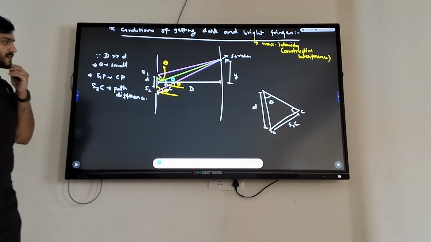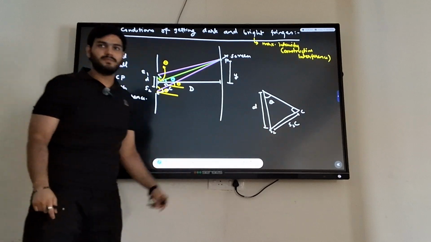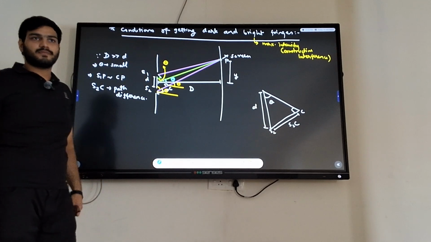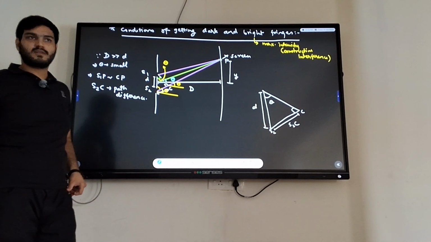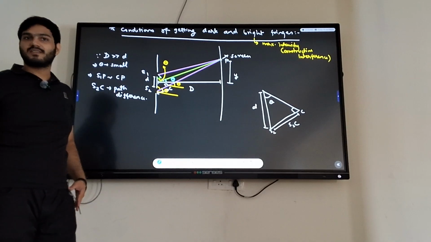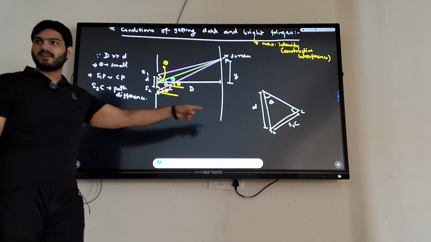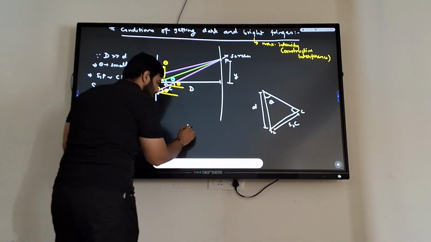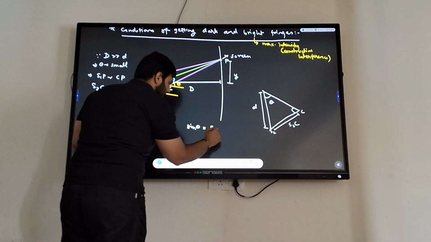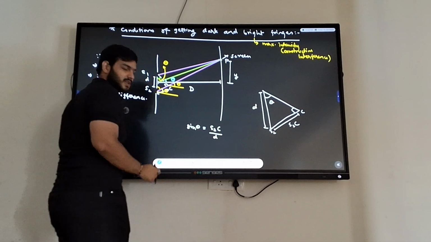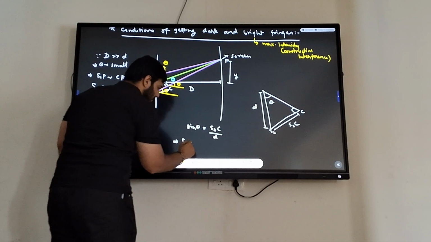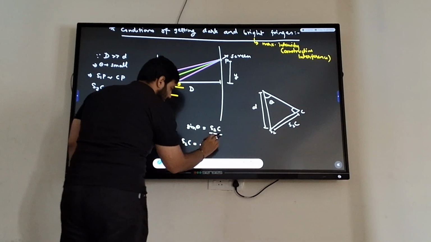Now what is the trigonometric identity which will relate the two? Cos? Sin theta will help. What is sin theta? S2C divided by d. Then what is S2C equal to? d sin theta.